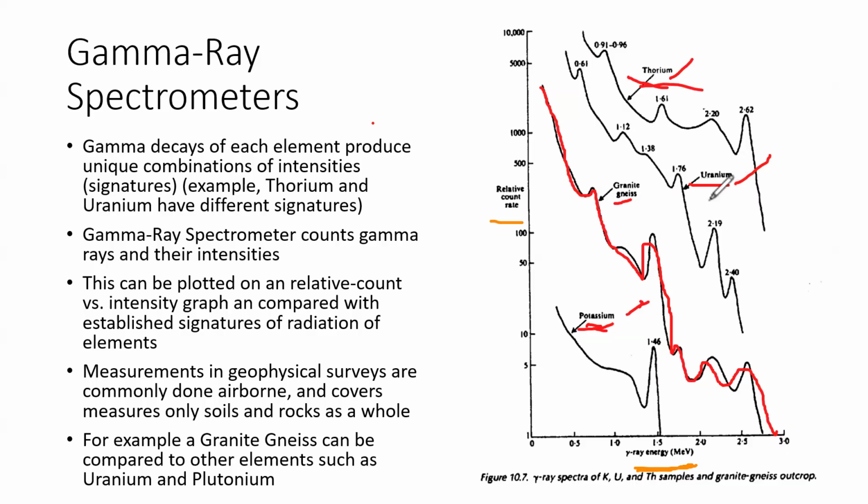And from there, whatever signature is the most abundant in your soil, you can deduce what kind of material is present in your soil or bedrock. I'm not going to be going deeper into that.